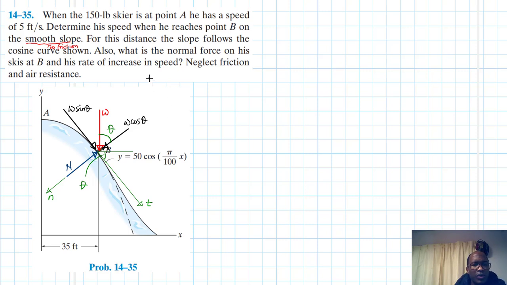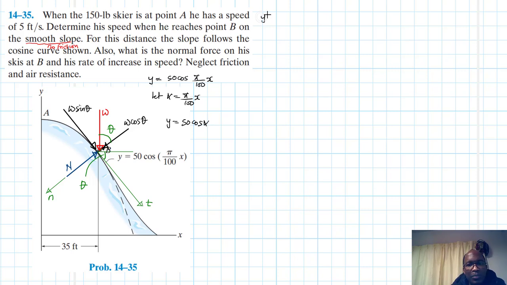Let's say we have y equal to 50 cos of pi over 100 x. Let alpha be equal to pi over 100 x, so I can write y as equal to 50 cos alpha.